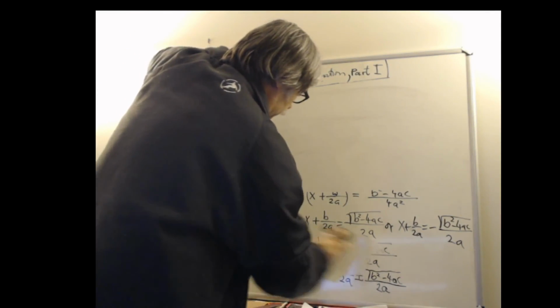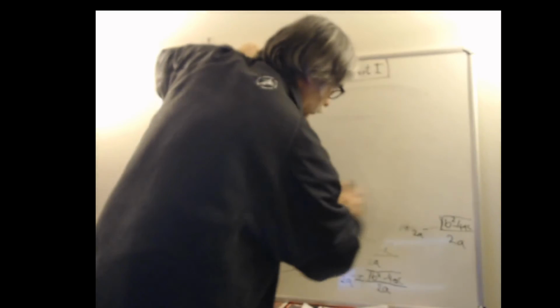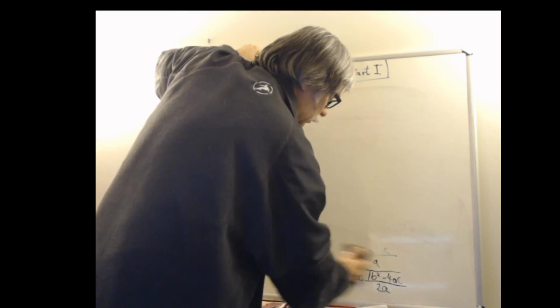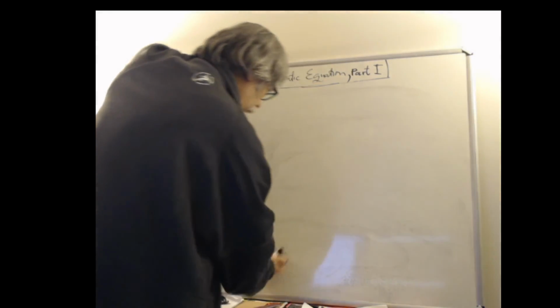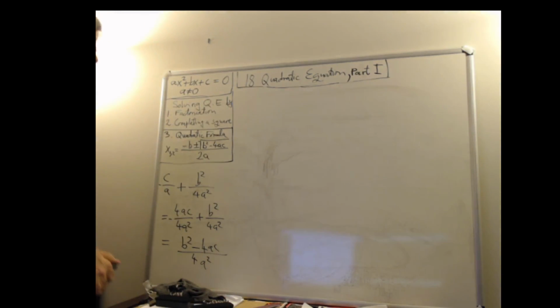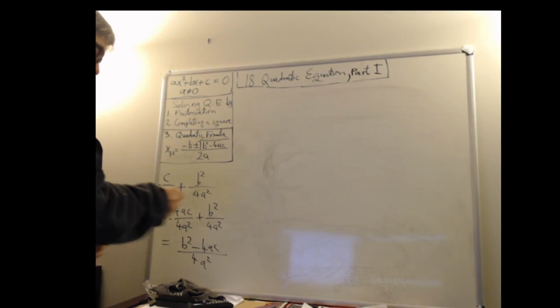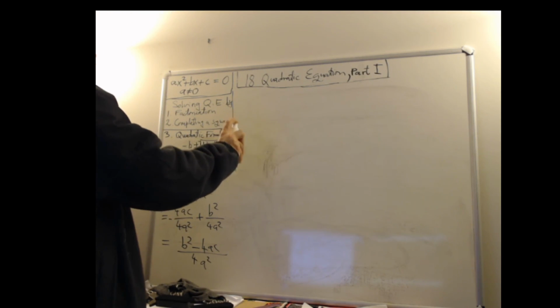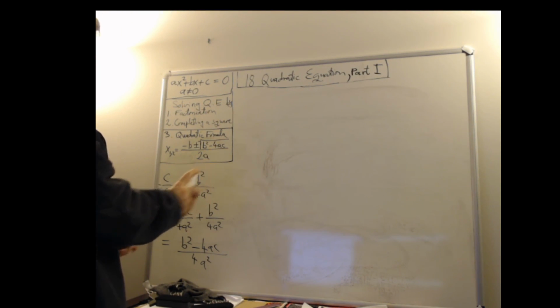Again, I'm not going to bother you with this in the test. I'm not going to ask you to show me how this follows, but you're going to have to remember that the quadratic formula is nothing but completing a square in general format. But you don't really have to complete a square, you can just simply plug in.